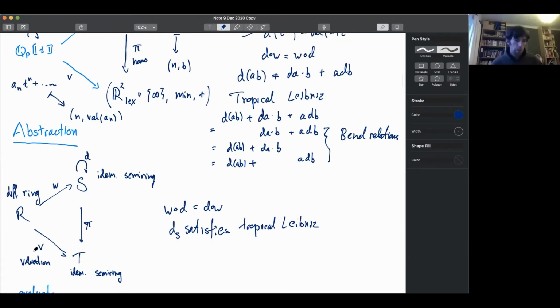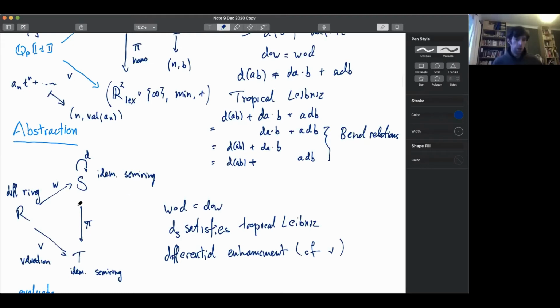So if we're interested originally in the valuation V, and you think of this as some extra auxiliary structure that we put on top of V so that we can now talk about differential equations, then we call this a differential enhancement of V. Or sometimes we'll just call it a differential enhancement to refer to the whole package.